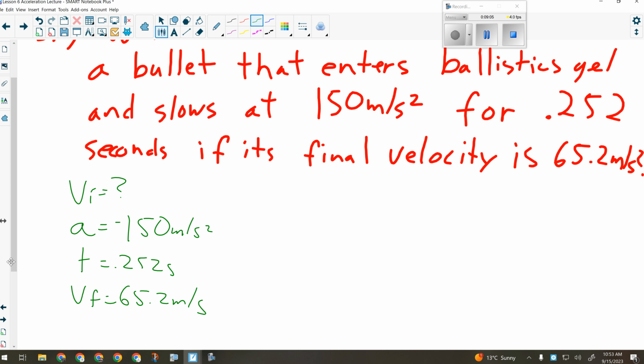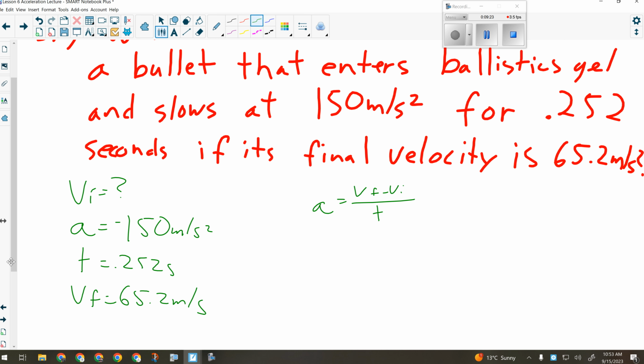Do we have a familiar formula to use for that one? Can we use the sine stand formula? Okay, we go a equals Vf minus Vi over t.